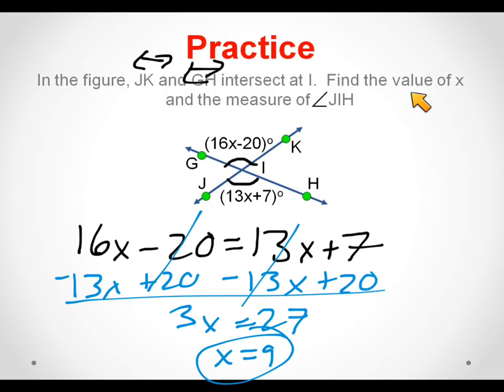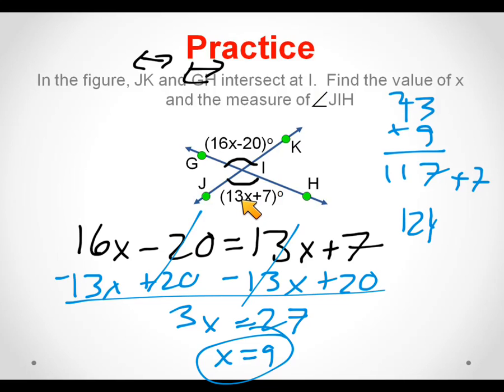The other part of the problem says, what is JIH? So JIH, now that I have x is 9, I would plug that in there and take 13 times 9, which is 117. 117 plus 7 is 124, because I just plugged that x back in. Okay. So JIH is 124, which means also GIK should also be 124.